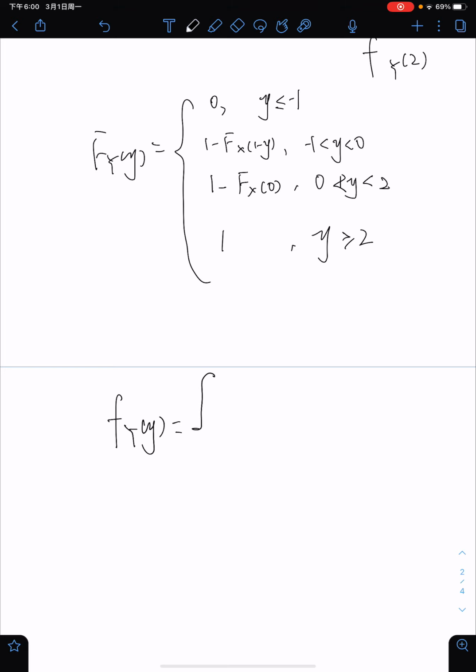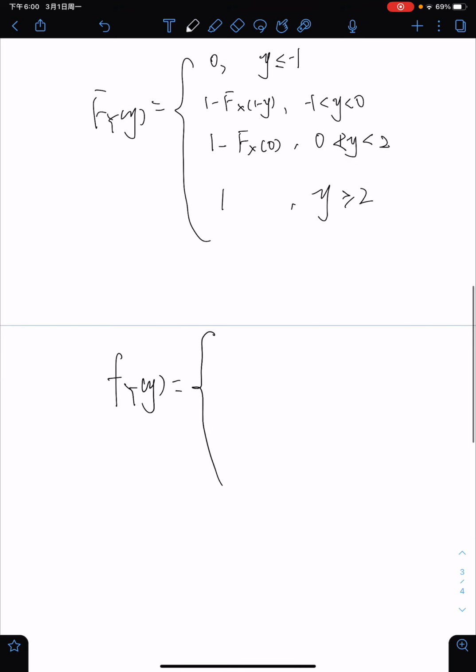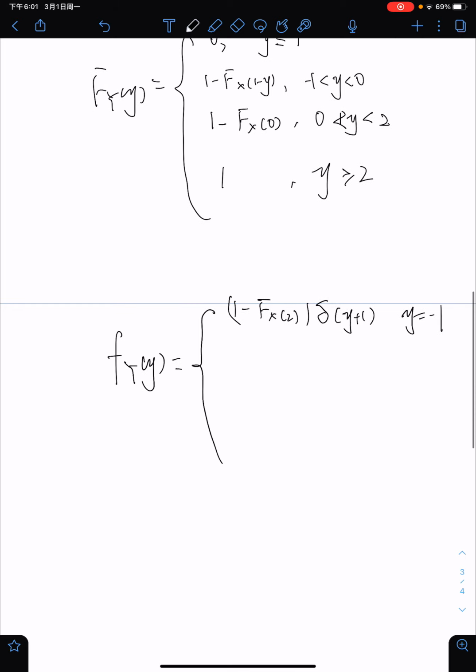We can also write it down as 1 minus Fx. But here we should pay more attention to the impulse function. Here is an impulse.